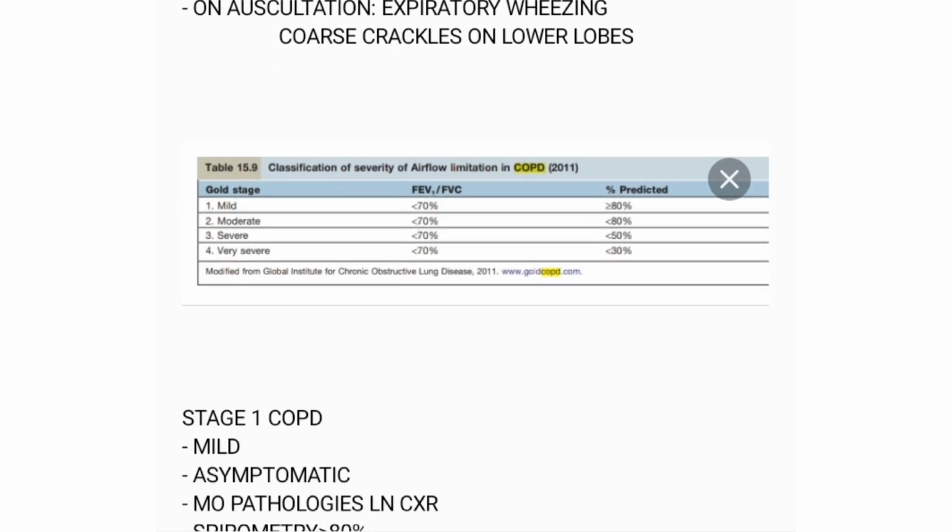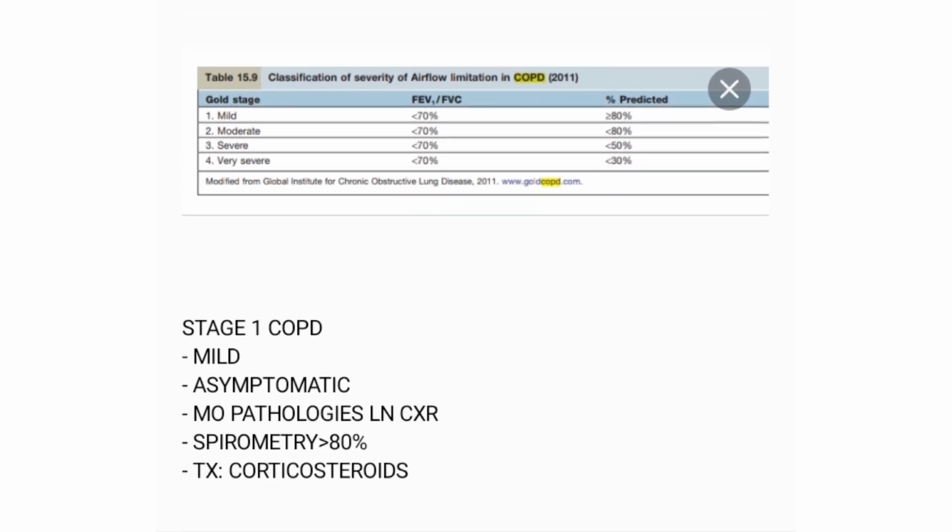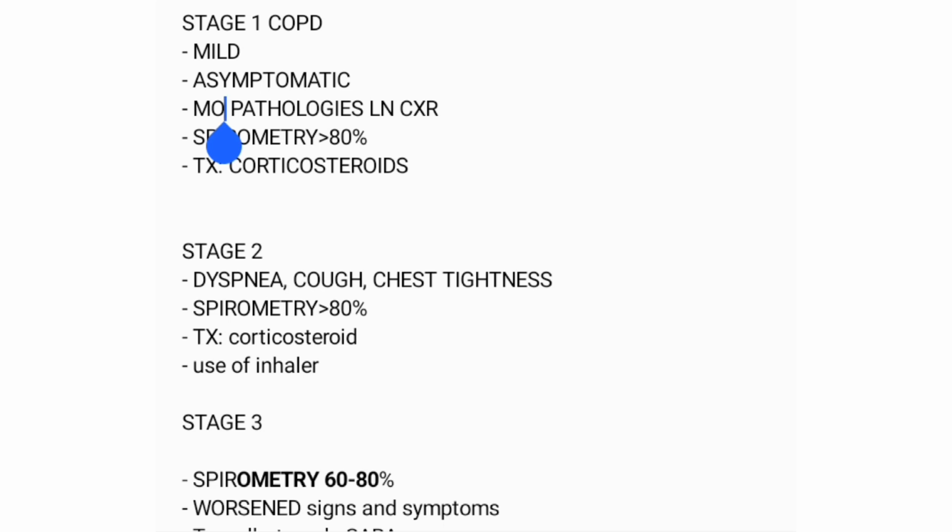Okay. Then in terms of classification of severity of airflow limitation in COPD from the 2011 GOLD stages, we have stage 1, where the symptoms are mild and the patient is usually asymptomatic, and there are usually no pathologies in the chest X-ray.